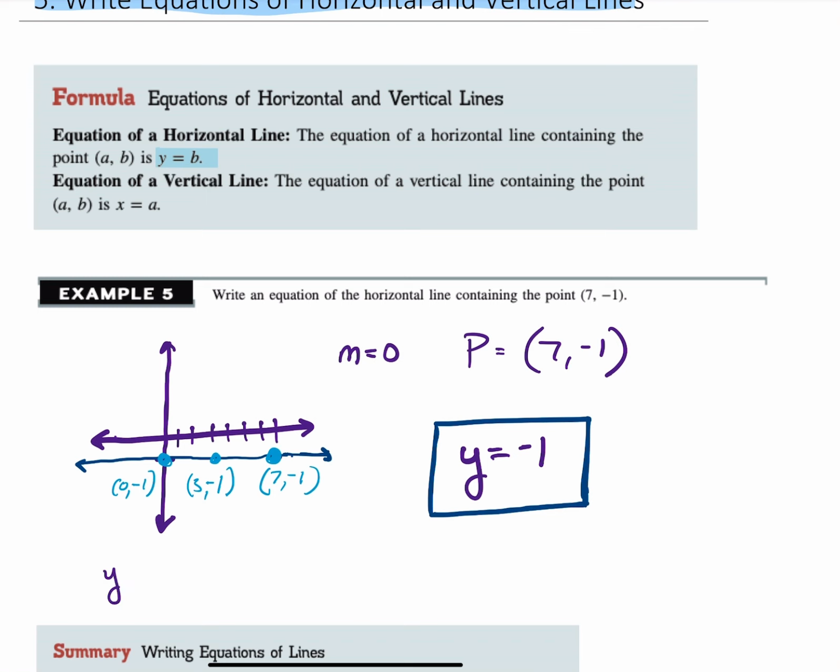So we would have y minus y1, y minus -1 equals m, so that's 0, times x minus x1, x minus 7. Notice the 0 is just going to delete this term on the right, so this will give us y plus 1 equals 0, and then we can subtract the 1 over, y equals -1.